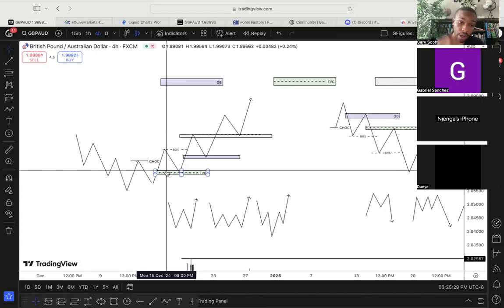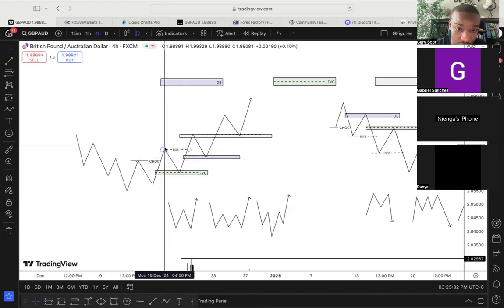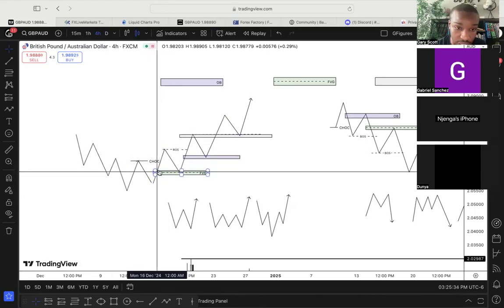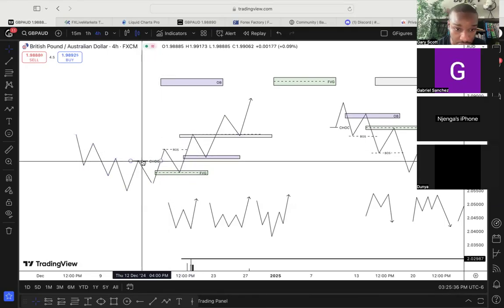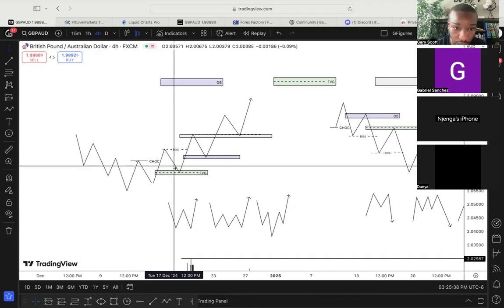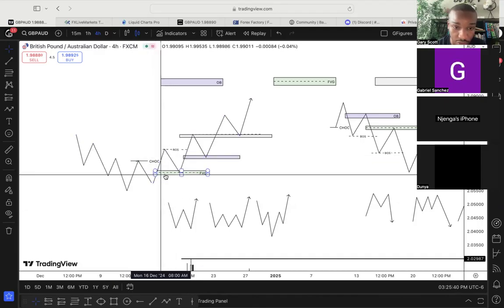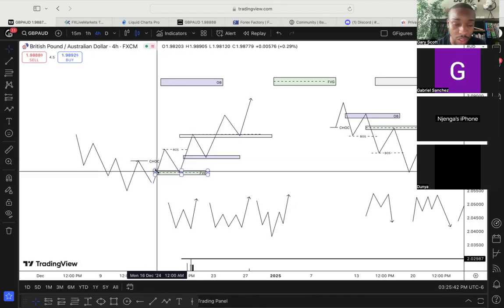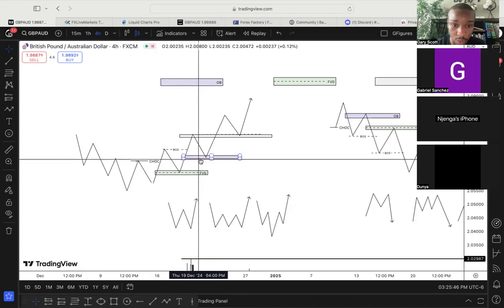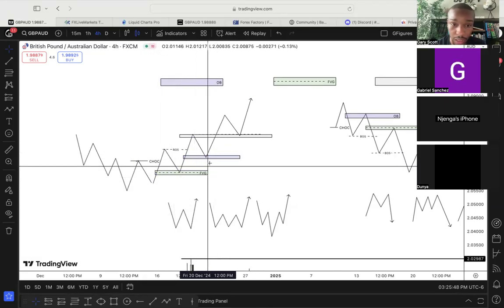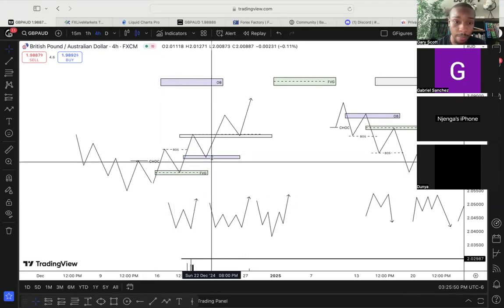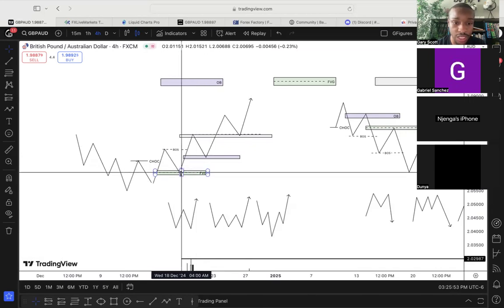So before it changed character, these are the levels that you want to take the trades from. Once it changed character and created that new high, price fell back down within this fair value gap. I will explain what a fair value gap is later on in the session, and I will explain what an order block looks like at the end of the session as well. So stick along.